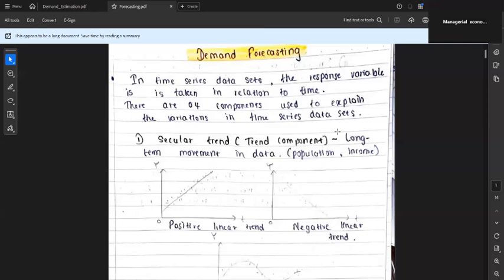Okay, now we'll go to demand forecasting. So in time series data, the response variable is taken in relation to time. The first example we took, the pizza demand, is not time series data because the independent variable is not time.